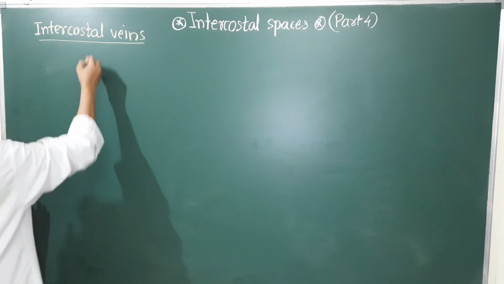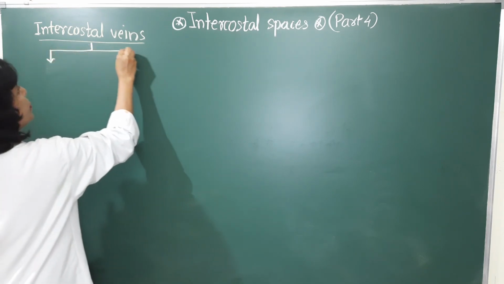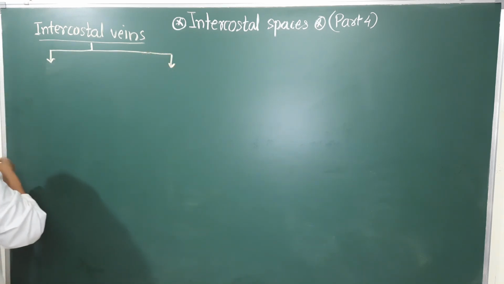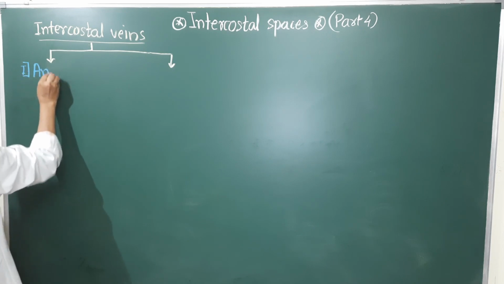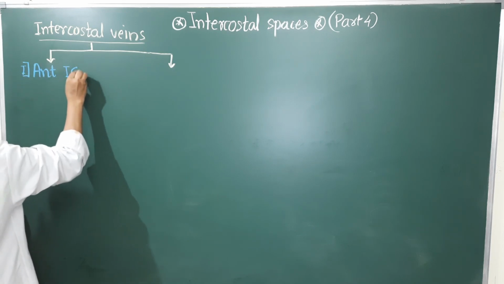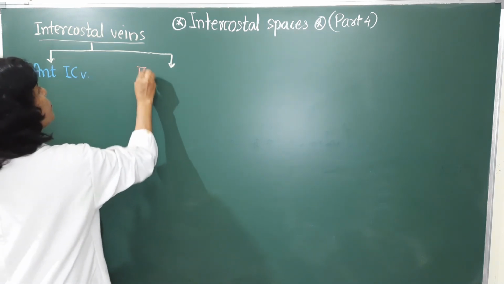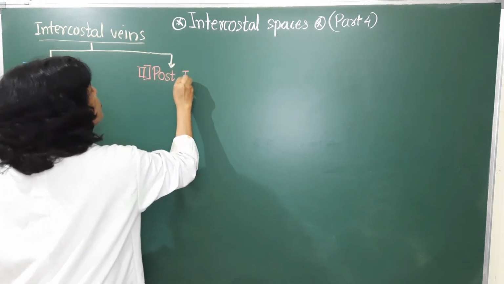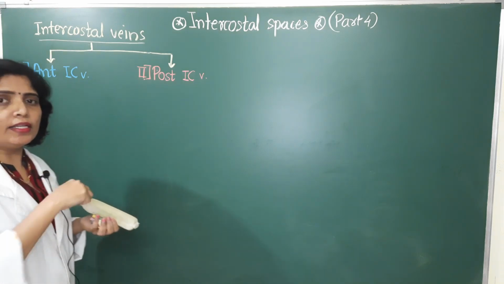So one group is the anterior intercostal veins and another group is the posterior intercostal veins. These veins accompany the intercostal arteries.